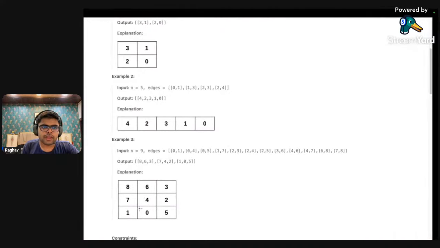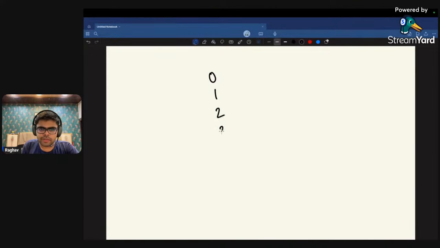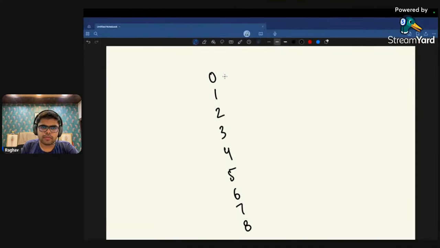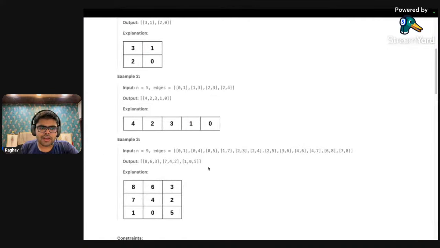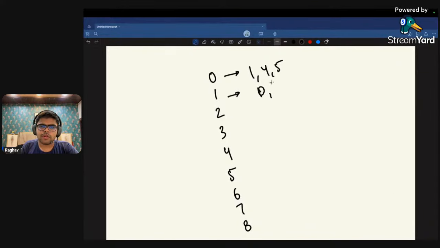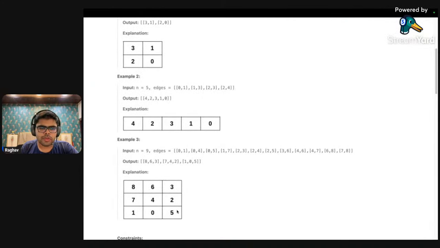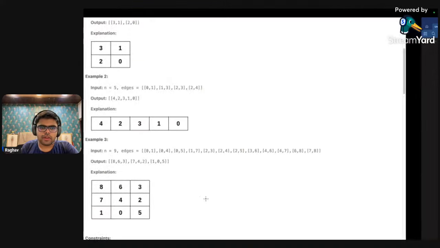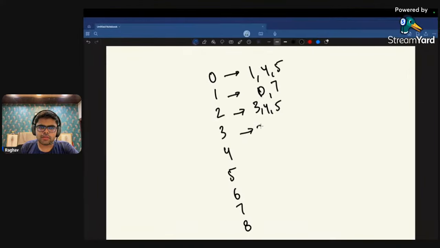So we have been given 9 nodes: 0, 1, 2, 3, 4, 5, 6, 7, 8. 0 is connected with 1, 4, and 5. 1 is connected with 0 and 7. 2 is connected with 3, 4, and 5. 3 is connected with 2 and 6.